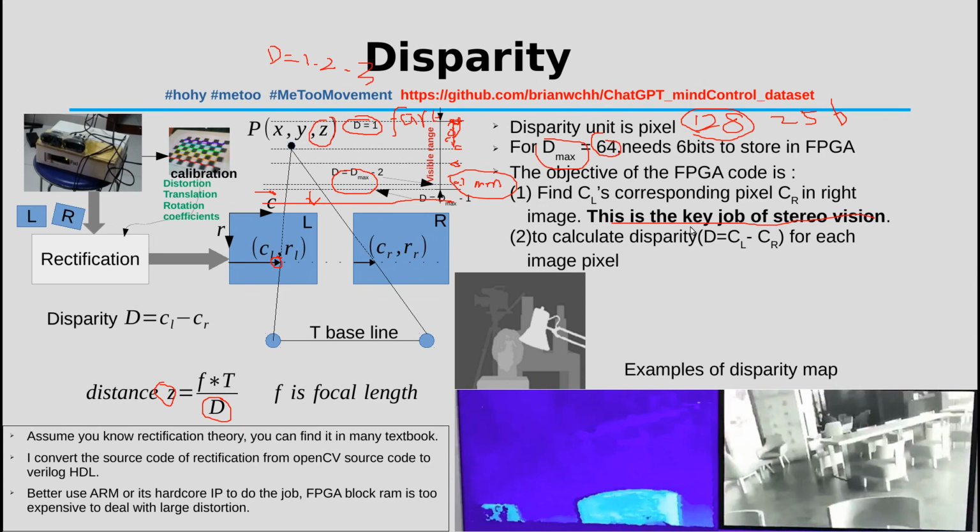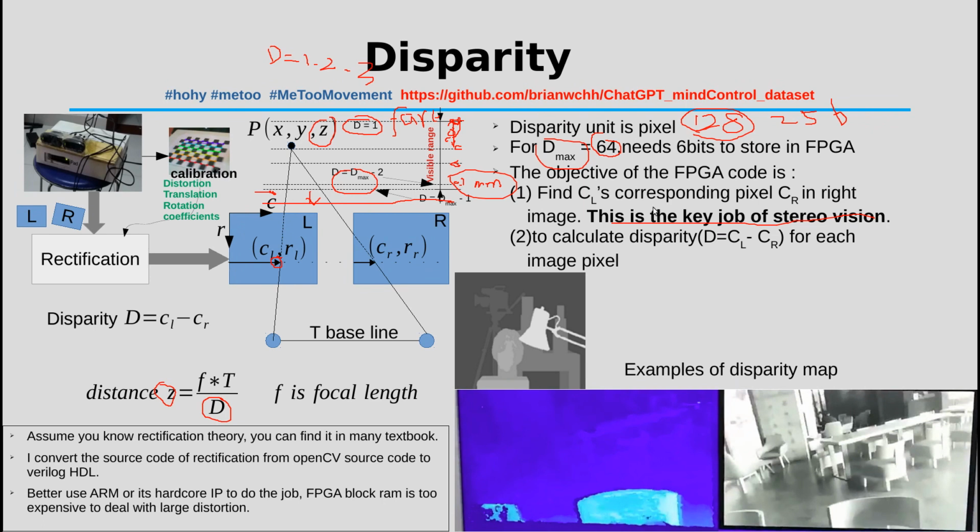It's very complicated. Stereo vision algorithms have existed for decades, but not many of them have been implemented on FPGA and made into products, because the computation is very intensive. It's really intensive.